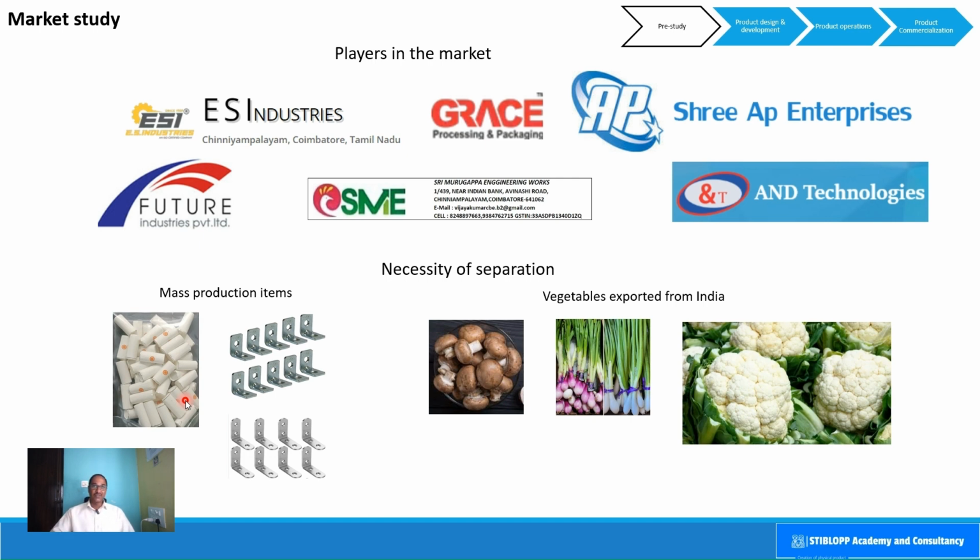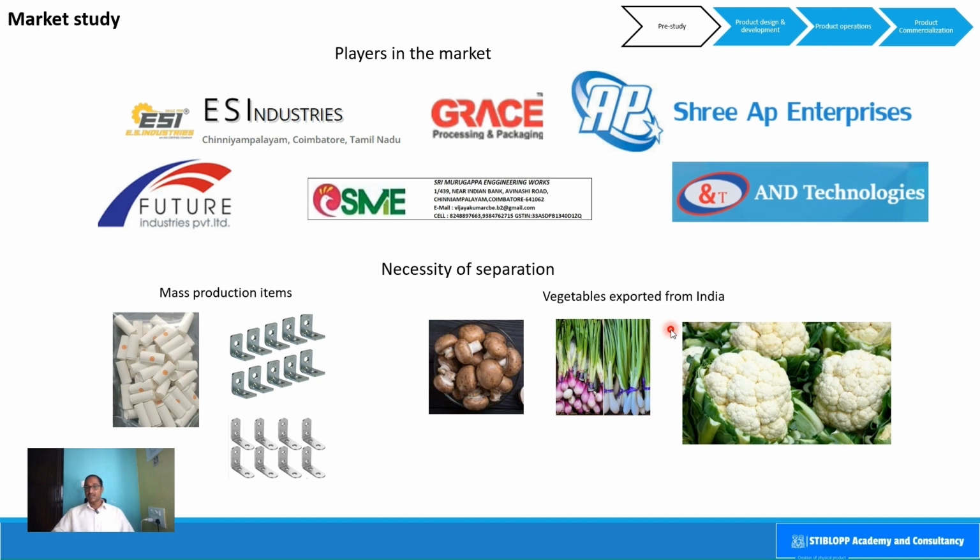But it involves a lot of hard work and effort in segregating the cigarette filters itself. ITC Filtrona is one of the companies which segregate these filters. And the other mass production items are the simple L brackets, which are used for building constructions.